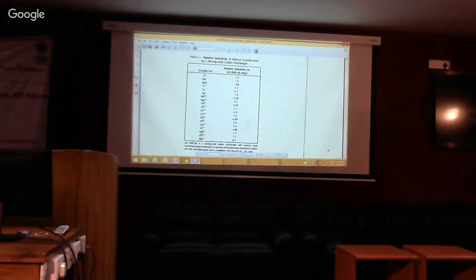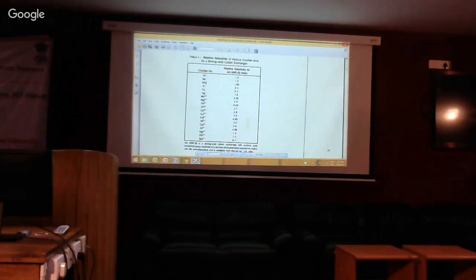But let's go to divalent species, okay? So iron, ferrous, that is, Fe2+, 2.55. Zinc, 0.7. So this resin would not be suitable for heavy metal removal, right? Because it has no real selectivity. Copper, 2.9.